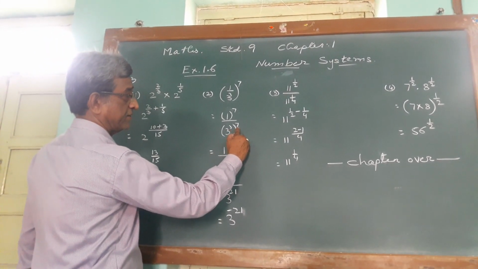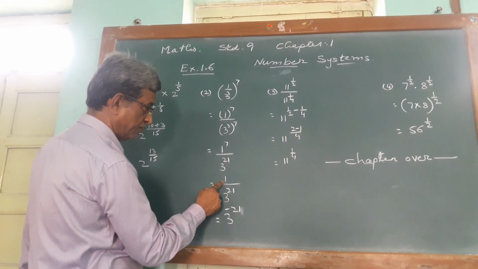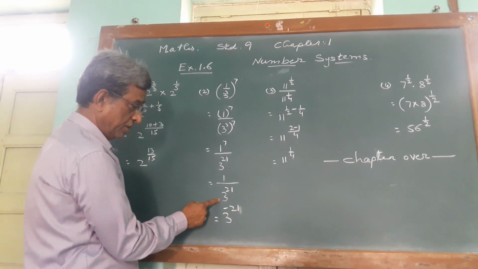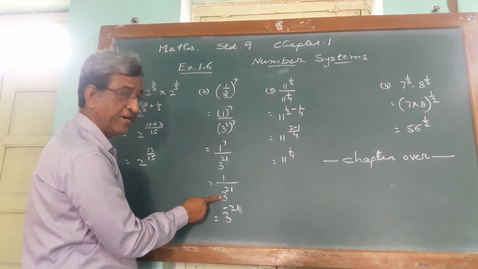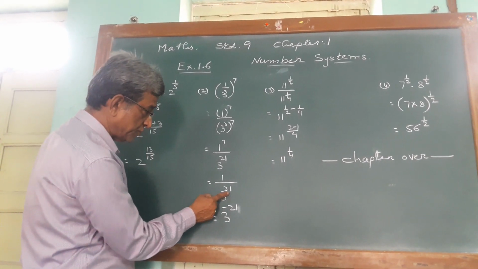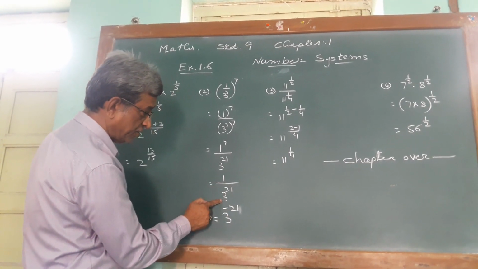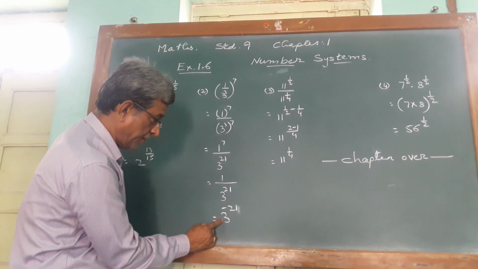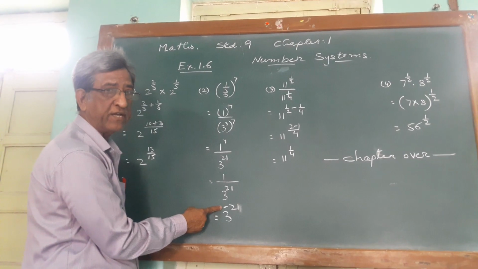So you get 1 upon 3 raised to 21. If you want to bring it in the numerator, this 21 becomes minus. So 1 upon 3 raised to 21 can also be written as 3 raised to minus 21.